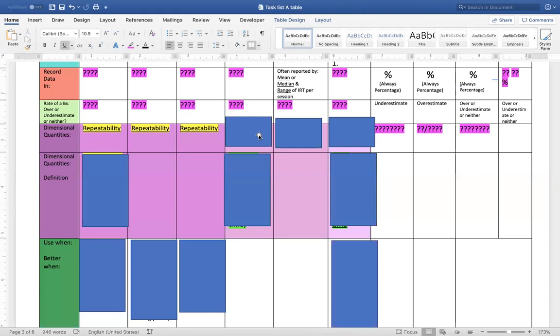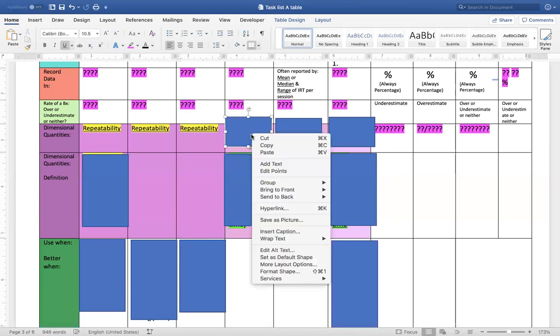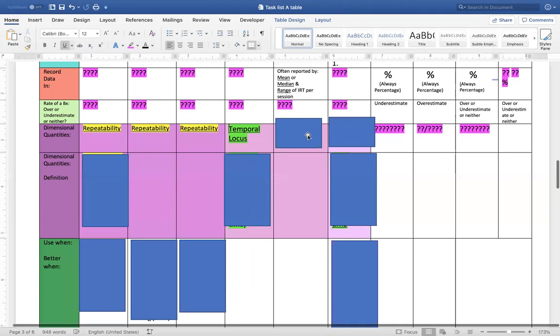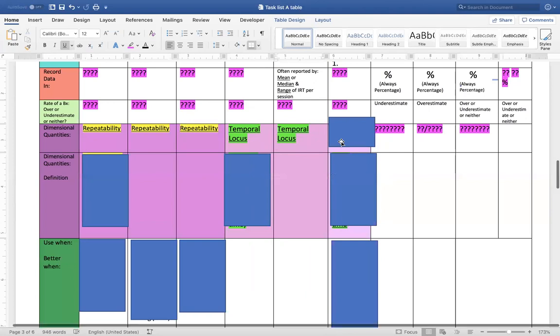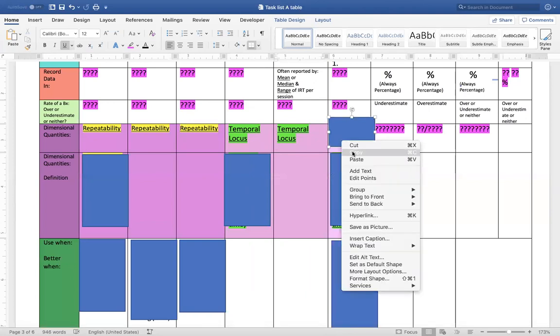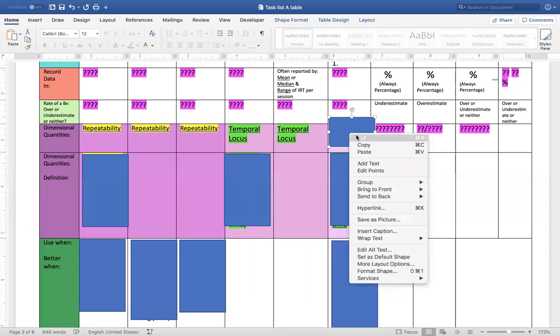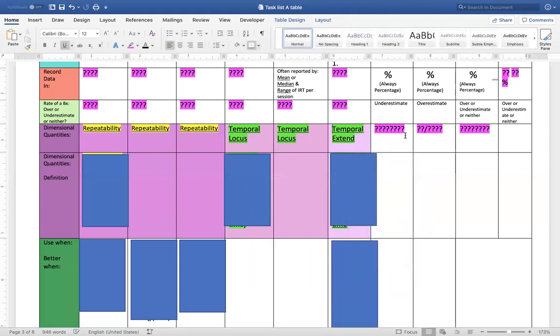Give me a second, please. Let's check. Response latency is temporal locus. Awesome. And IRT is temporal locus. You're right. And the last one is duration. Extent. Good.